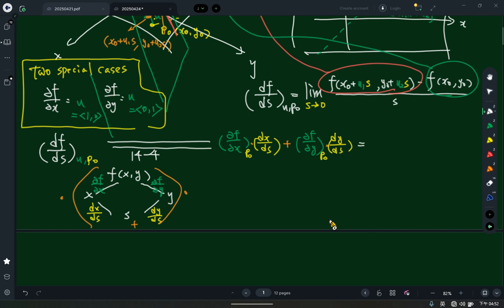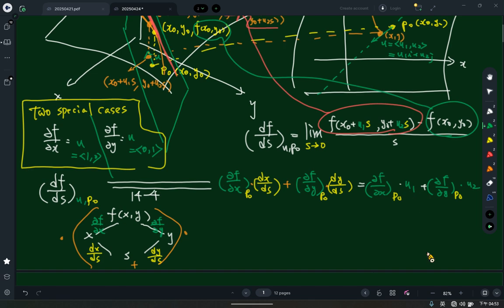That will be partial f, partial x at p0 times u1, plus partial f, partial y at p0 times u2.